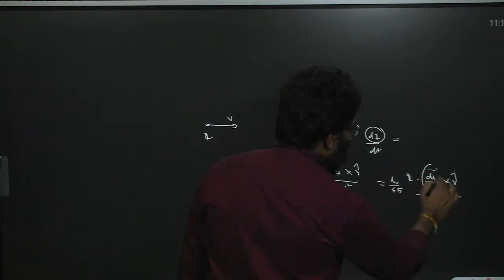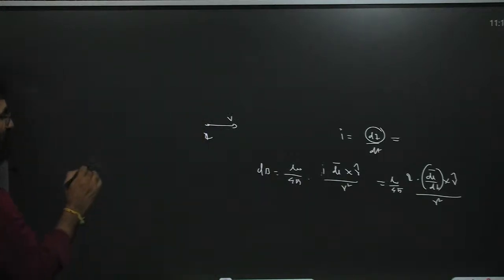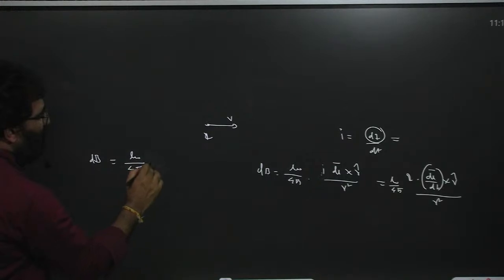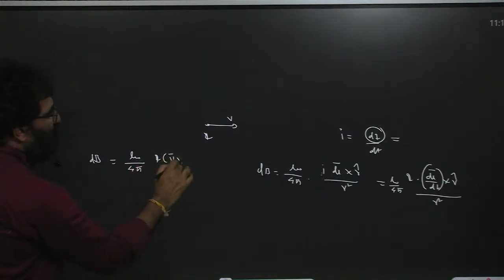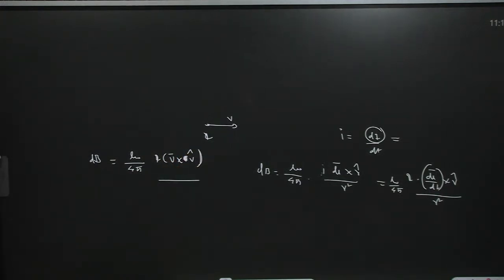So dl bar by dt is v bar. So whenever a charge is in motion, the magnetic field produced by the charge at any point will be, in the same format, mu naught by 4 pi, q into v bar cross r cap by r square.